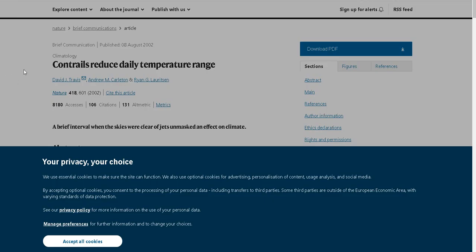Now those contrails change the temperature variation because they act as a blanket, keeping some of our heat and light on the surface of the Earth. They also act as a blanket to keep things from happening above from influencing what's happening below. So it changes the spread of temperatures that you get during the day.